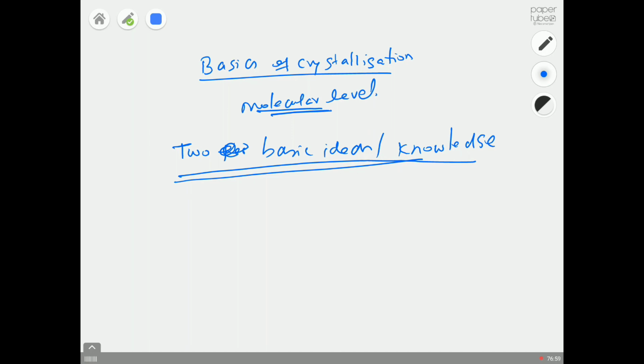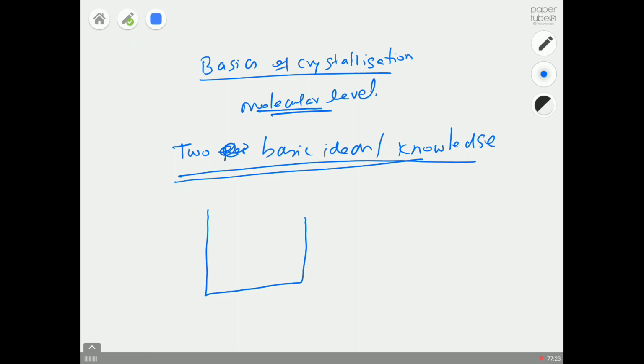So that's the first thing you have to learn. And the second is that solvent will continue to accommodate a solute when your solution concentration is less than your solubility concentration. So if you want, I can draw a picture to explain what I mean by that.